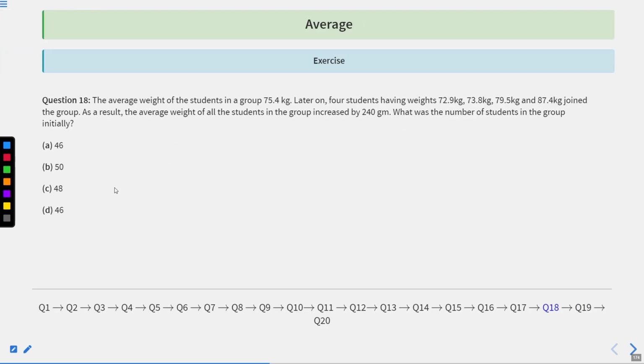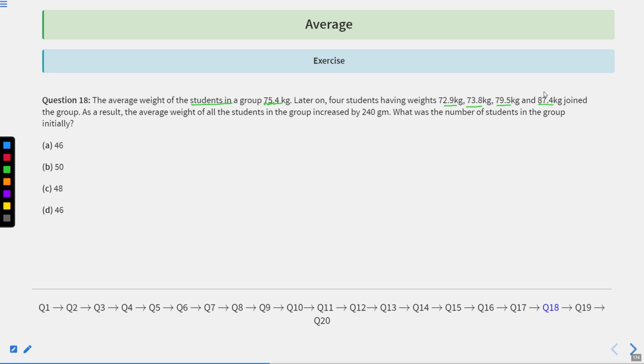Let us move to question number 18. The average weight of students in a group is 75.4 kg. So there are some students, n number of students, whose average weight is 75.4. And later, 4 more students joined them whose weights are provided this time: 72.9, 73.8, 79.5, 77, 87.4.